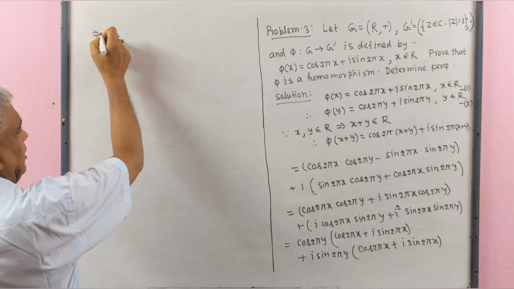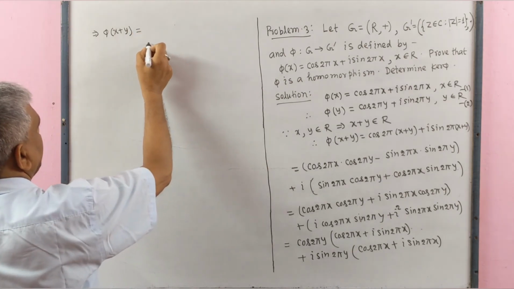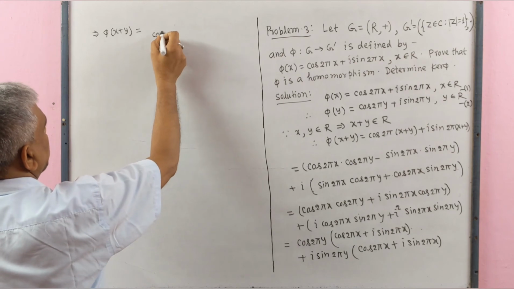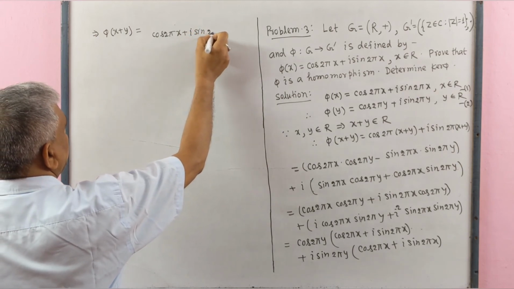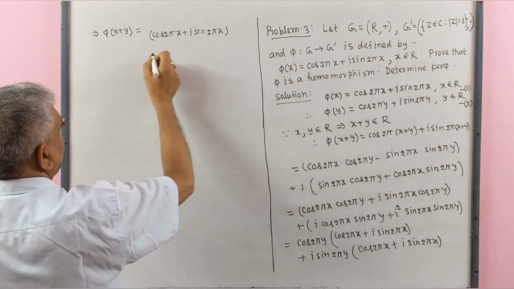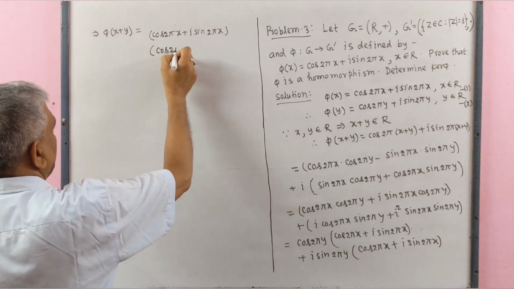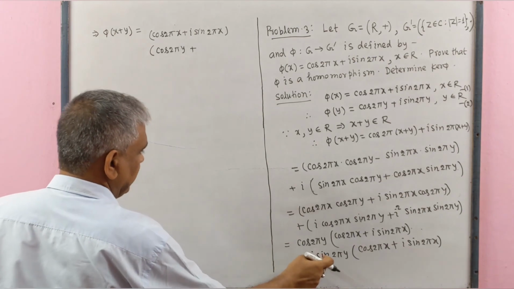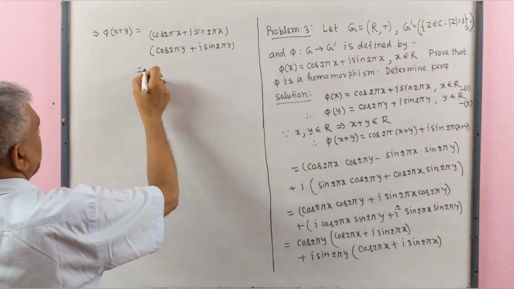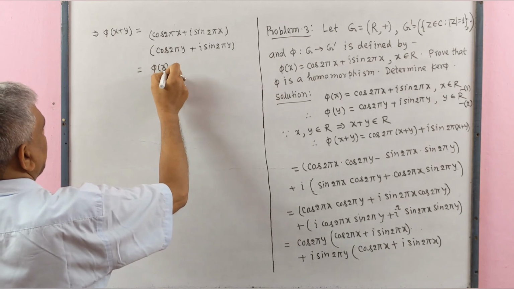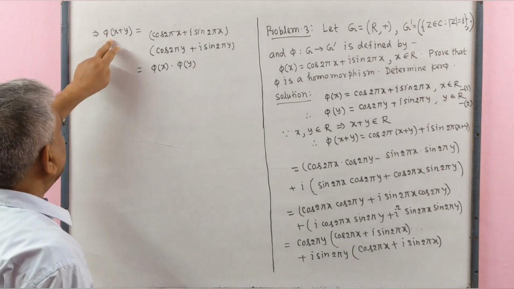This implies that the left side, phi of x plus y, equals, taking common (cos 2 pi x plus i sin 2 pi x), times (cos 2 pi y plus i sin 2 pi y), and this equals phi x multiplied by phi y. Therefore here we get phi of x plus y.